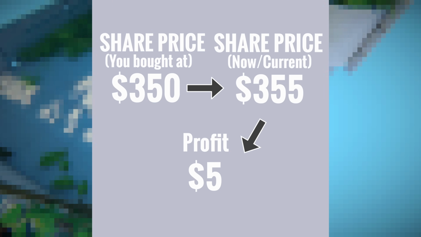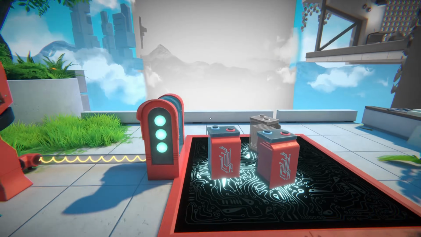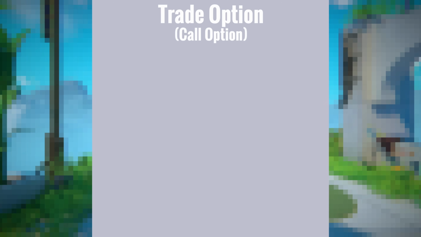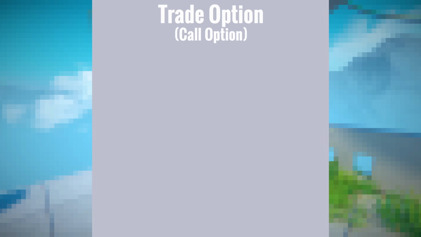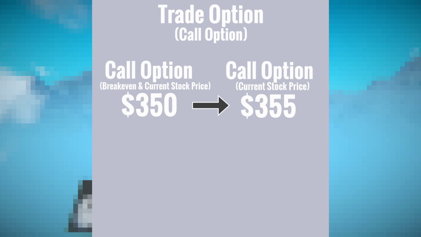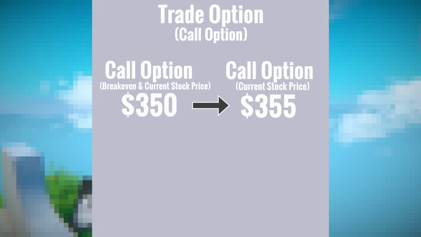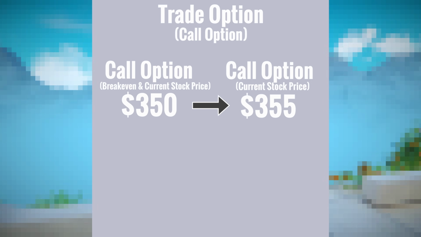You've made $5 profit. Now let's talk about a trade option, preferably a call option. It goes up $5 from $350. It goes to $355, same as the stock share. Guess what? You made $500. Whoa.